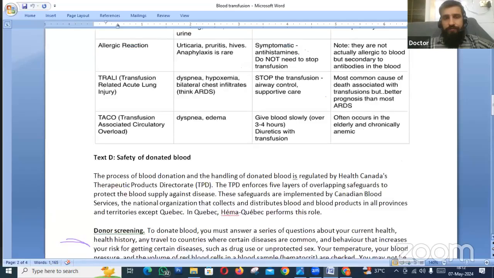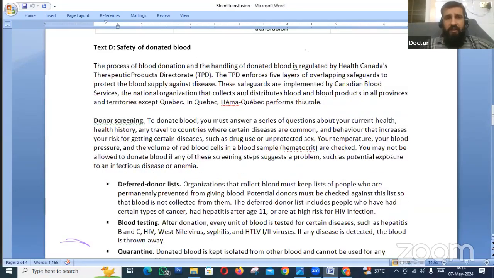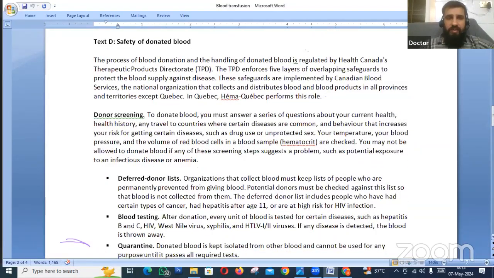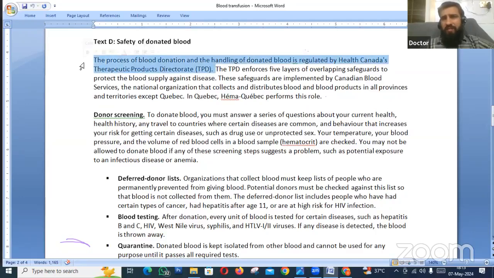Then you have text D, in which they are talking about safety of donated blood, okay? The process of blood donation and the handling of donated blood is regulated by Health Canada's Therapeutic Product Directorate. They are talking about Canada's health system and safety of donated blood, okay?